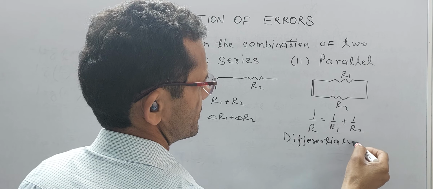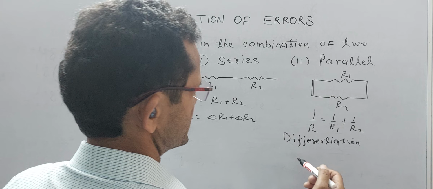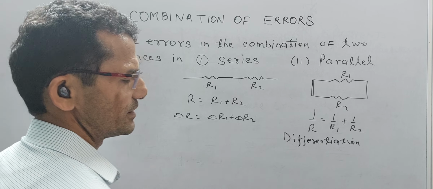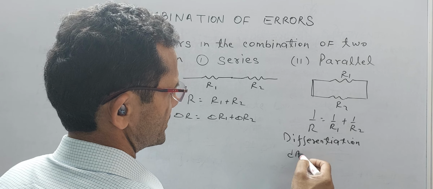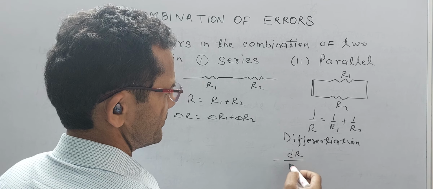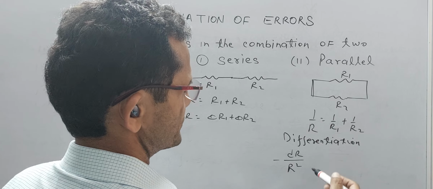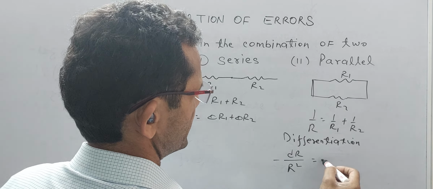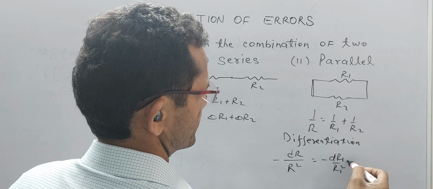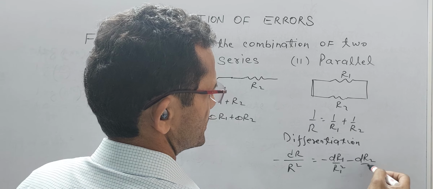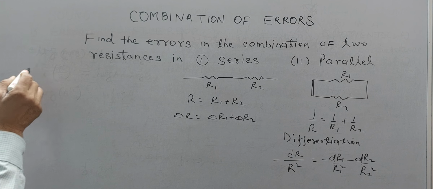By applying the methods of differentiation, it would be written like this: dr divided by minus r square, and if you differentiate this one, it will become minus dr1 upon r1 whole square and minus dr2 upon r2 whole square.